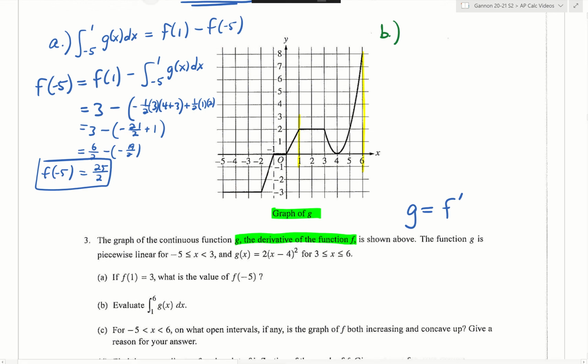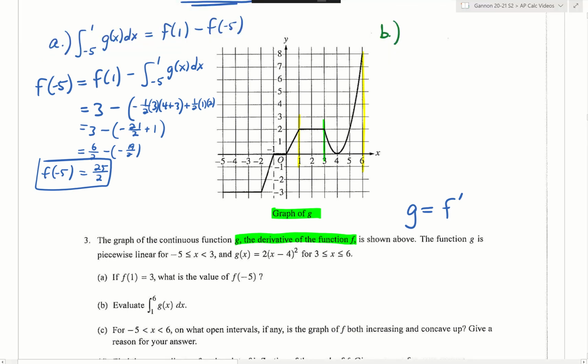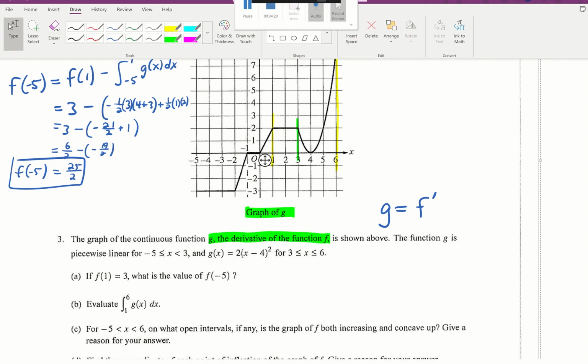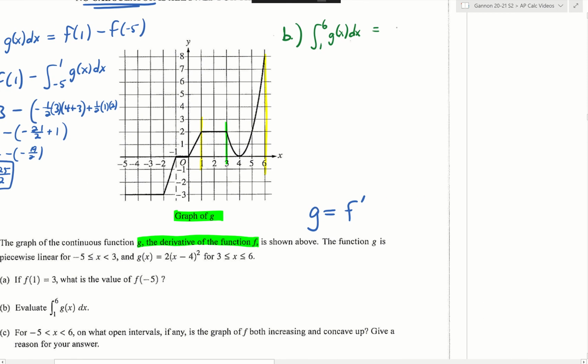What I would do is separate this here. So the integral from 1 to 6 of g of x dx is going to be the same thing as the integral from 1 to 3 of g of x dx, plus the integral from 3 to 6 of g of x dx.